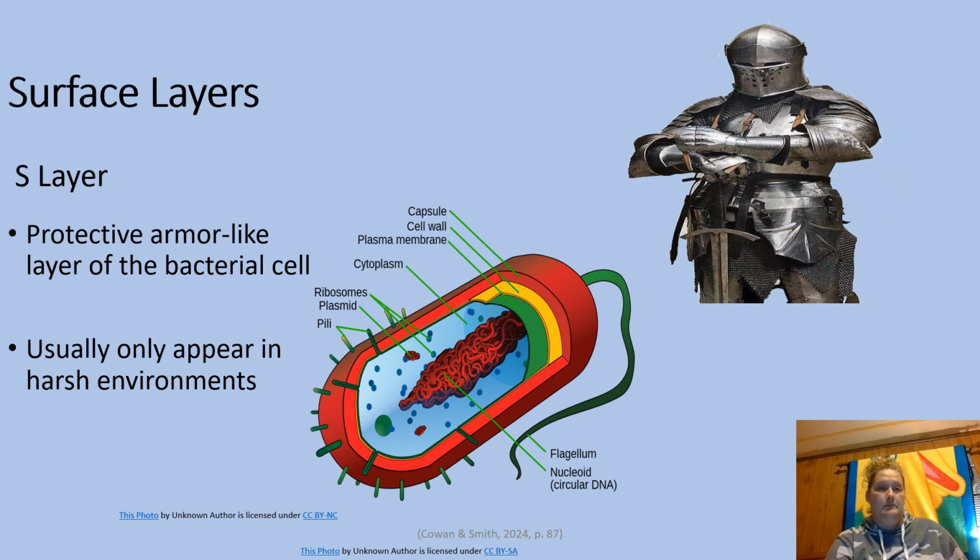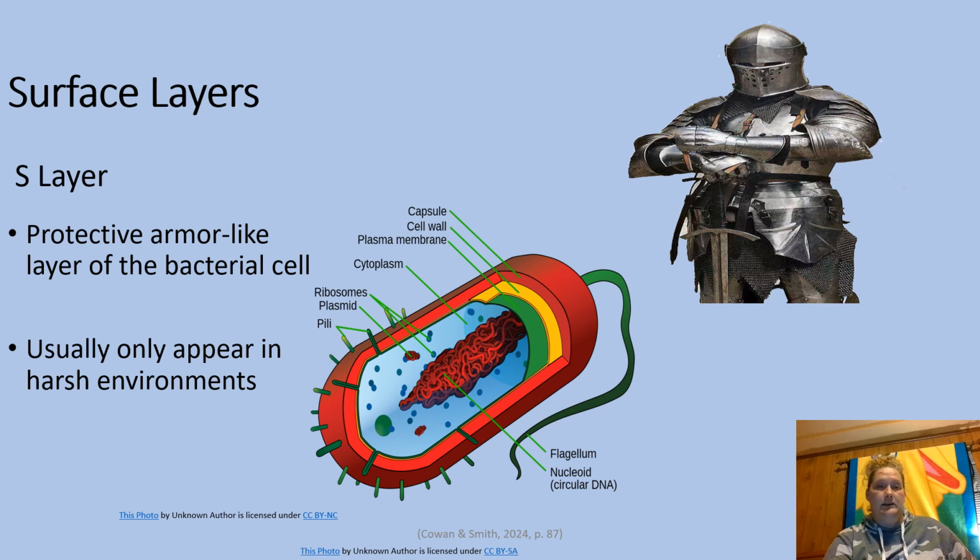All right, we have the surface layers next, the surface layers of the bacterial cell. The first layer is the S layer, and it is the protective, armor-like layer of the bacterial cell. They tend to only show up when threatened, like in a hostile or harsh environment.